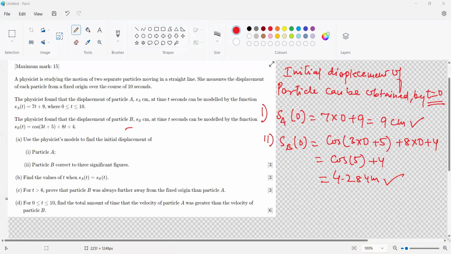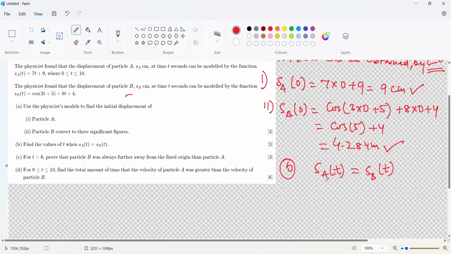Next question. Find the value of t when SA(t) is equal to SB(t). What can you do here?